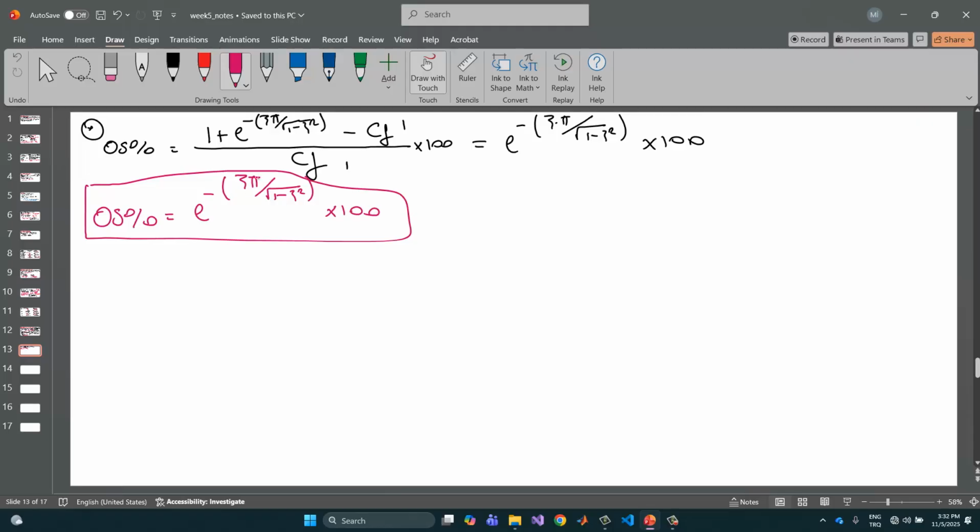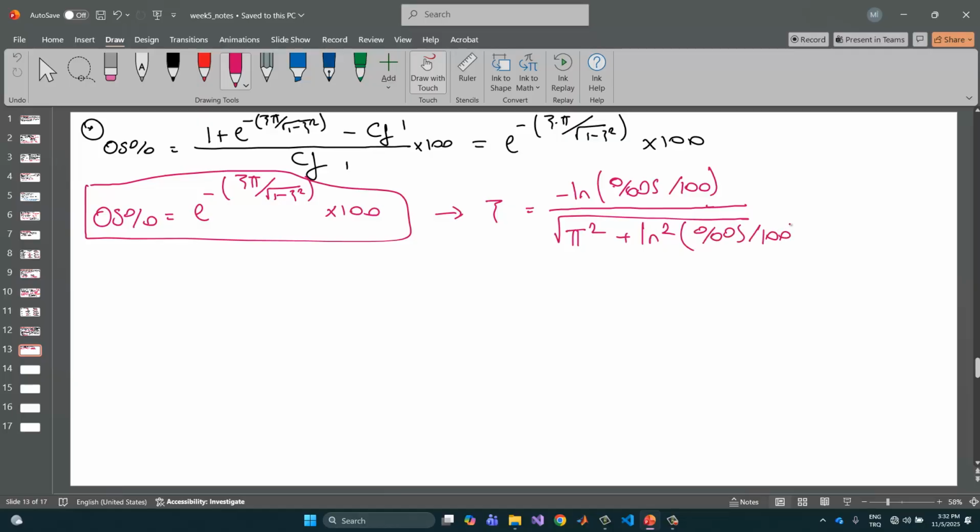If you solve for zeta from this notion, zeta is equal to minus ln of (percentage OS divided by 100), divided by square root of pi squared plus ln squared of (OS divided by 100), okay? This is the solution of the zeta in terms of the overshoot, okay.